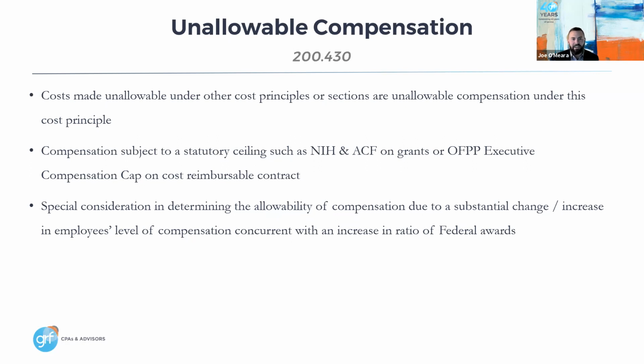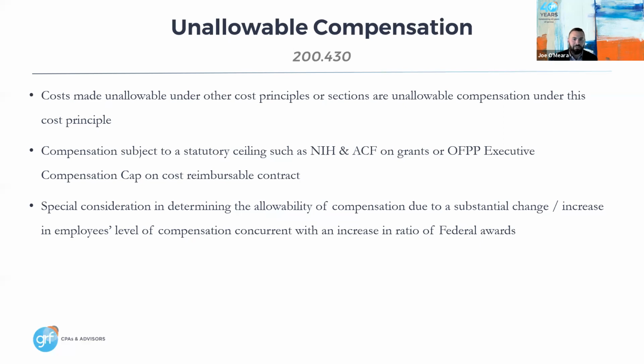There's also some special consideration in determining the allowability of compensation due to a substantial change, an increase in an employee's level of compensation. If something changes to where an employee has a significant increase in responsibilities, say you take on 5 additional federal awards, and based upon your organization's HR manual policy, that employee is entitled to a significant increase in their pay, the federal government would agree, as long as it's reasonable with the increase of responsibilities, that it is an allowable cost.